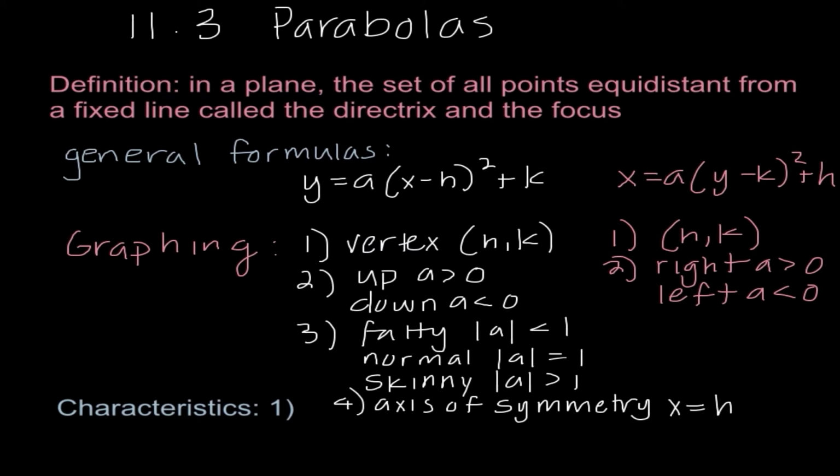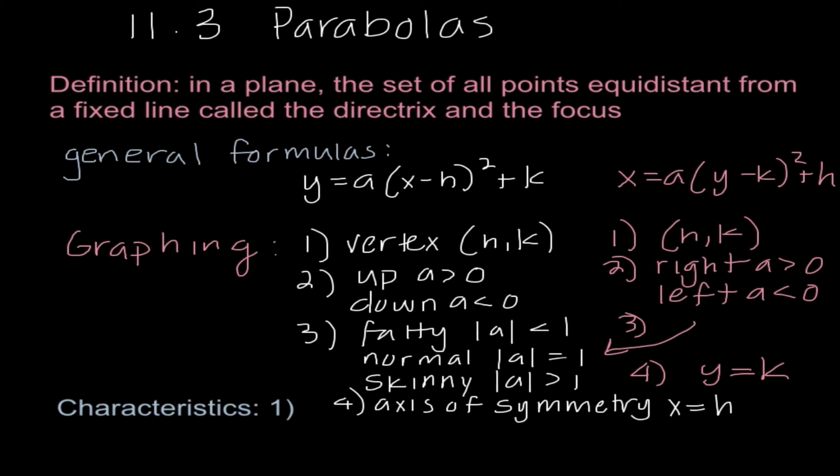The third characteristic is exactly the same. It is fatty, skinny, normal. And our fourth characteristic is our axis of symmetry, except this time it is a y equals line, which would make sense because the whole point of an axis of symmetry is that it has to go straight through our parabola.